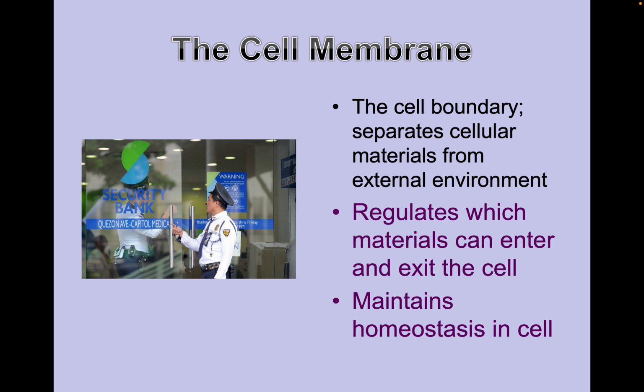It also enables cells to communicate with each other and their environment through receptors and signaling molecules. It helps maintain the cell's internal environment by controlling the balance of ions and molecules inside and outside of the cell. And lastly, the cell membrane provides structural support for the cell. All in all, it maintains the balance, or homeostasis, in the cell.